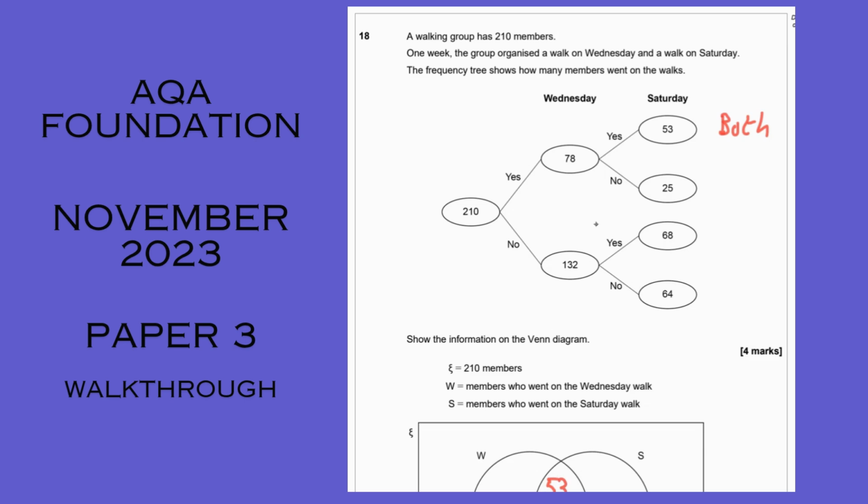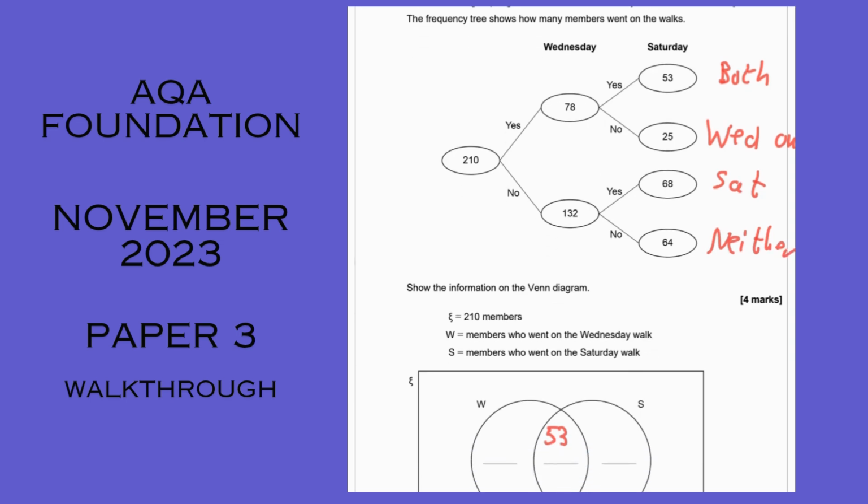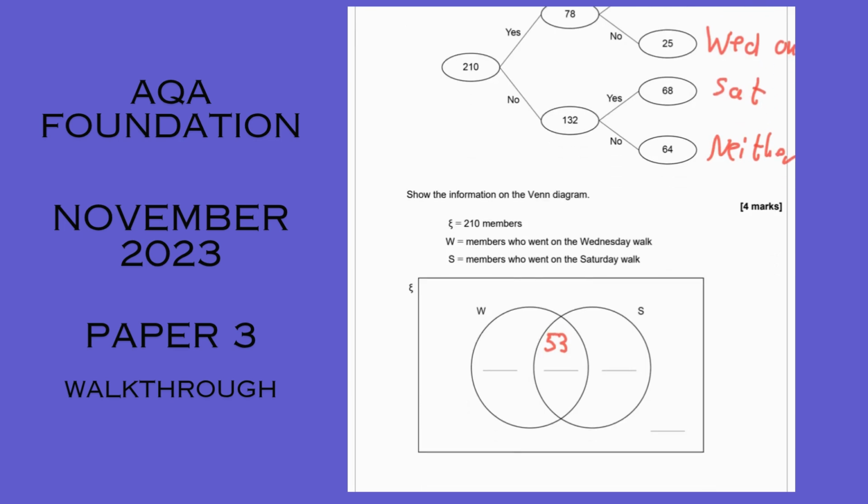I'll scroll down in a sec. This yes to Wednesday, no to Saturday is basically Wednesday only. And similarly, in reverse, Saturday only, and the no and the no, they are the neither people. So those numbers give you the following.